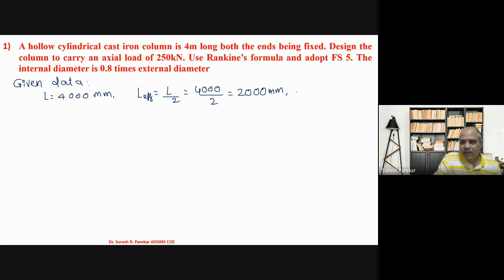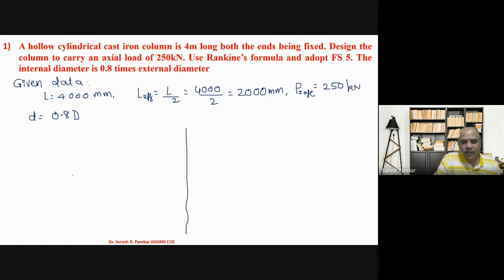Axial load is given, P safe, and that is equal to 250 kilonewtons, and small d is given equal to 0.8 into capital D.